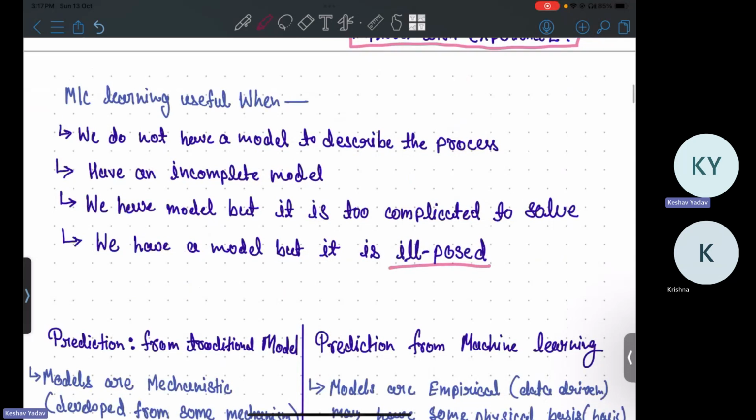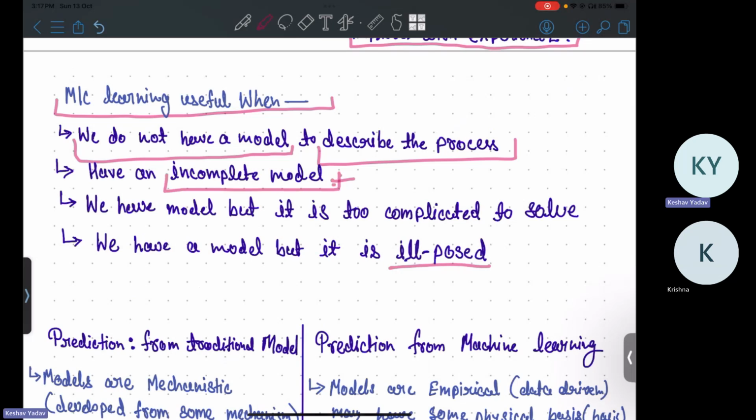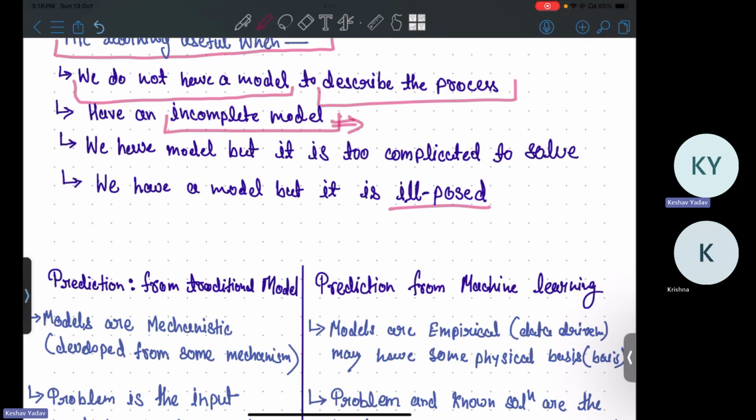Machine learning is useful when we do not have a model to describe the process, or when we have a model, but the model is incomplete. The model does not give the complete picture of the problem.